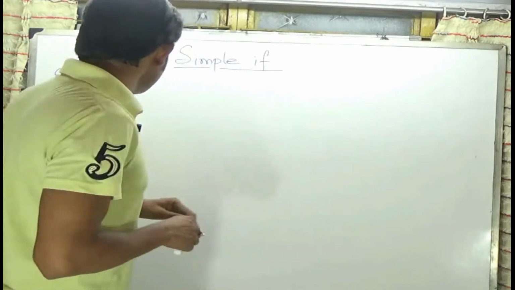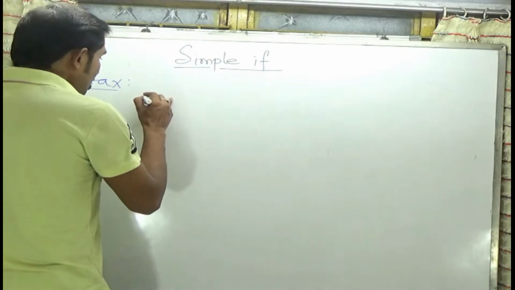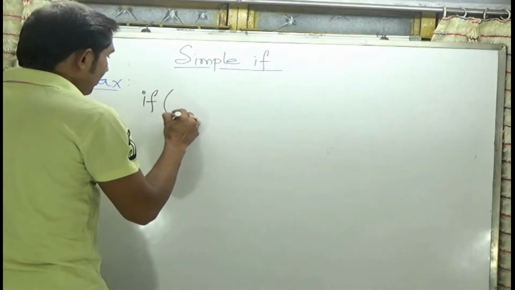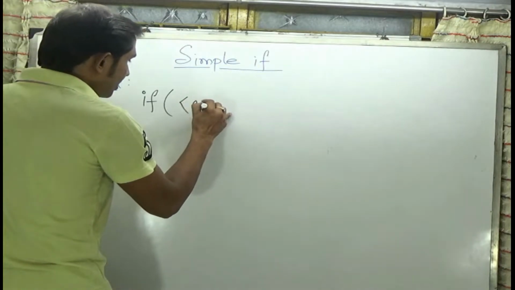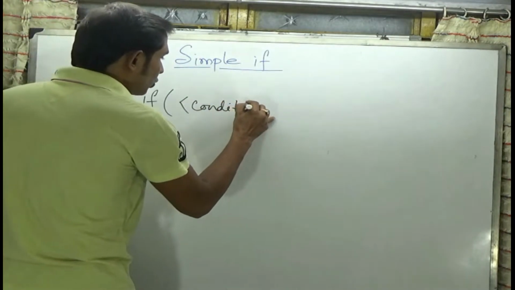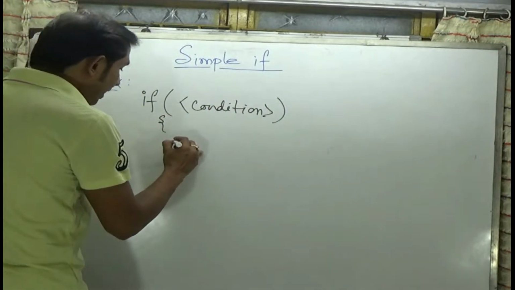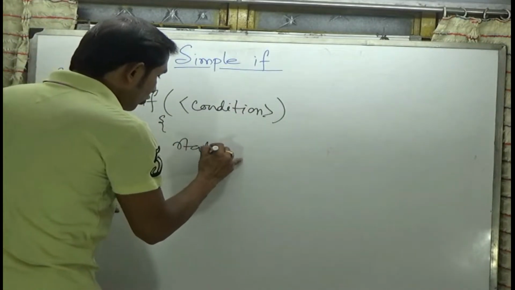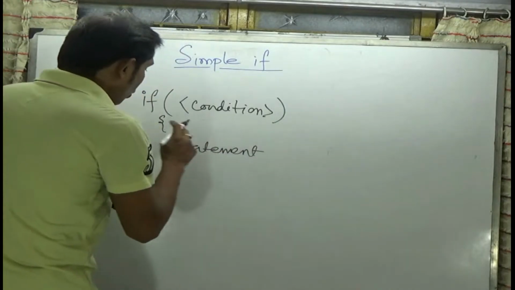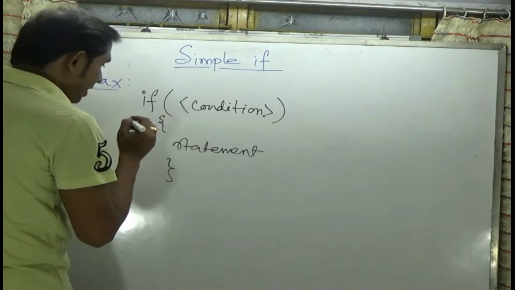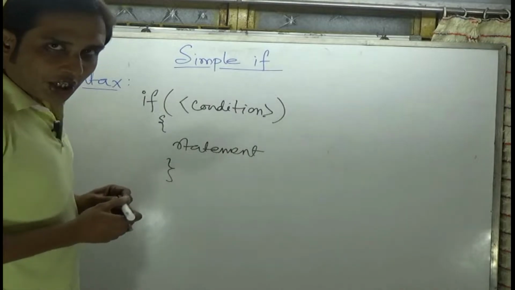Suppose for simple if, the syntax is like this: if, then within brackets we give the condition which is going to be checked, and if this condition becomes true, then the statement which is written within these opening and closing braces is going to execute.